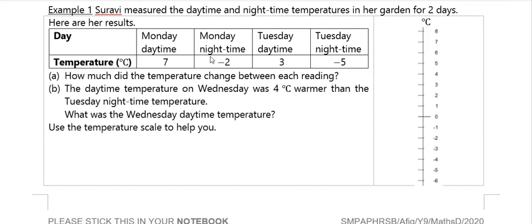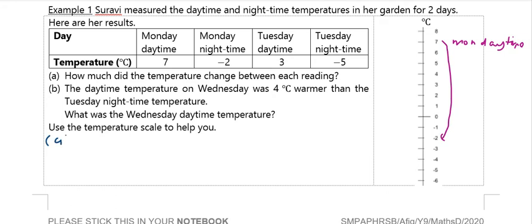Here you are going to use this to help us understand what happened. Let's start with Monday daytime. Notice that from 7 it dropped to -2. So here the difference is 1, 2, 3, 4, 5, 6, 7, 8, 9.